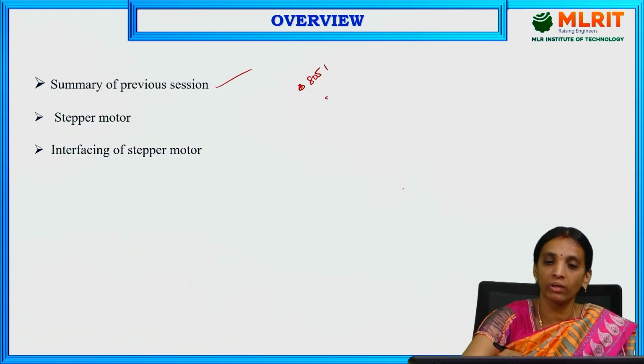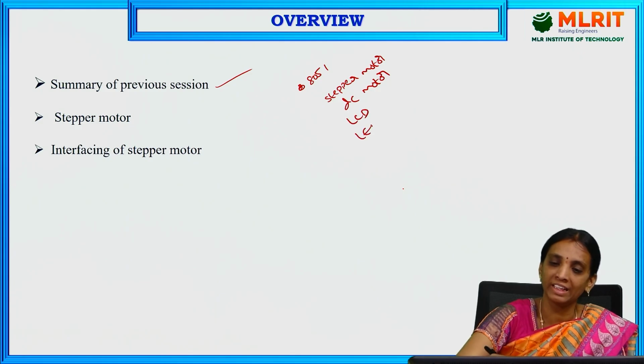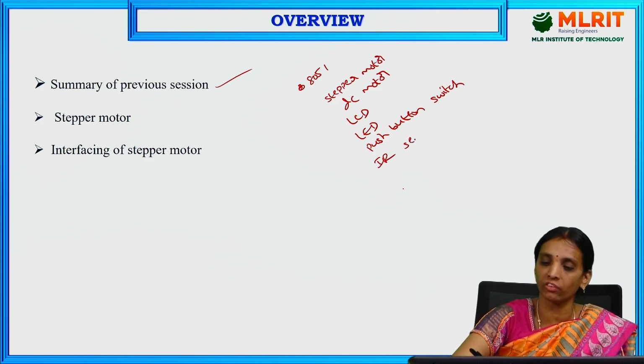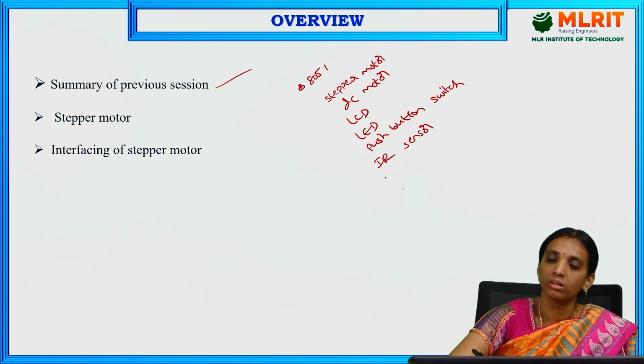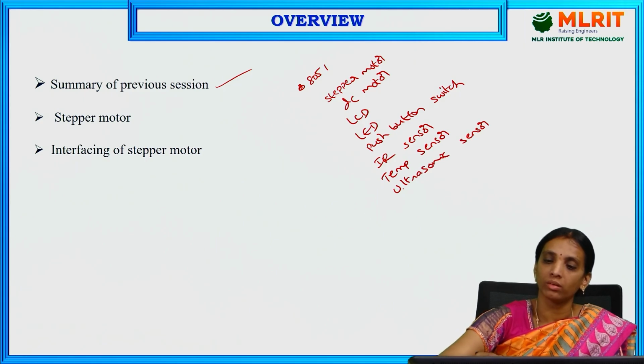In that we have discussed different types of devices like stepper motor, DC motor, LCD, LED, push button switch, and sensors like IR sensor, temperature sensor, ultrasonic sensor, and 7-segment display.